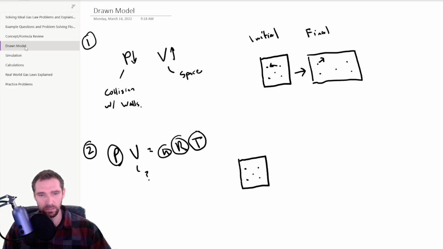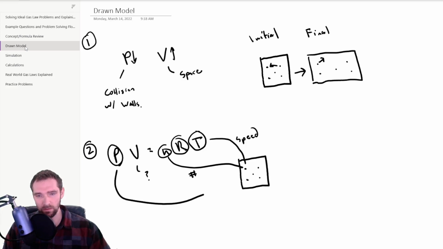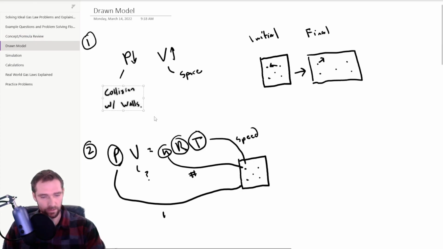So in a sense, we know the amount of stuff, or the amount of moles of this. We also know their speed, so we know how fast these things are going. We know how many of them there are. And we also know the number of collisions that they have with the side. Let's just put that right here. This is that number of collisions with the wall.